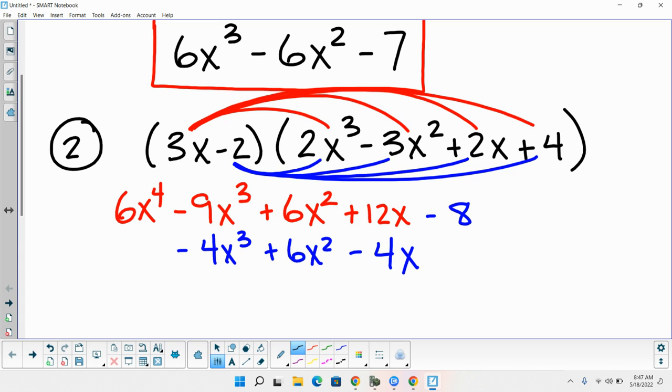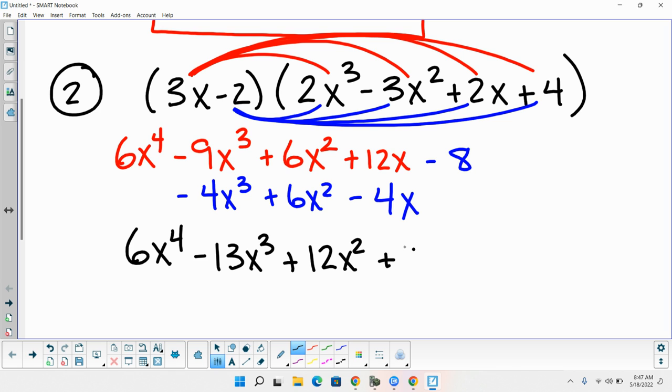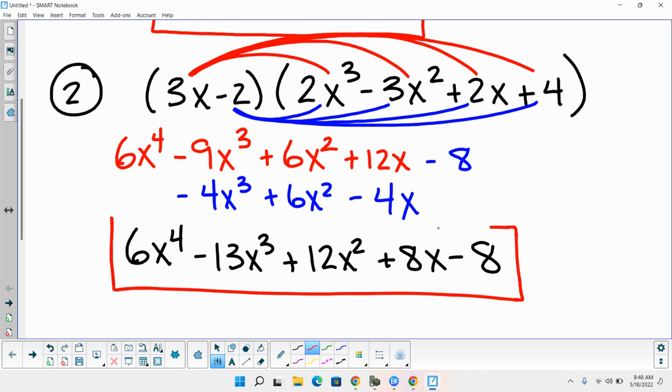So our answer then is, now we got to combine like terms, 6x to the 4th minus 13x cubed plus 12x squared plus 8x minus 8. We get that one?